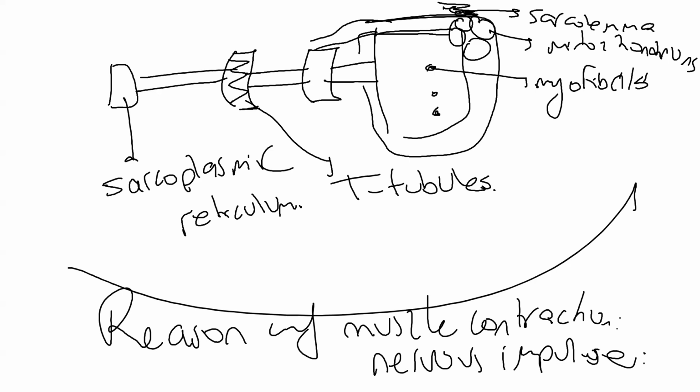Okay, so what happens here? Here the neuron will come and sit behind the sarcoplasmic reticulum, and then the acetylcholine vesicles will go out in the cleft, and then they will sit on the receptors on the ligand-gated channels, which are here on the membrane of the sarcoplasmic reticulum, and then they will allow a kind of impulse for the sarcoplasmic reticulum, as if they gave it the permission to move, and then it will start moving or contracting.